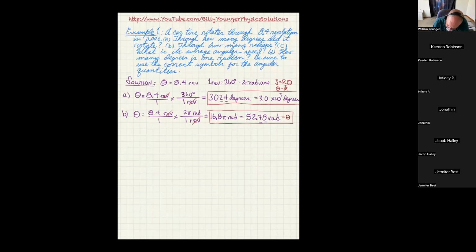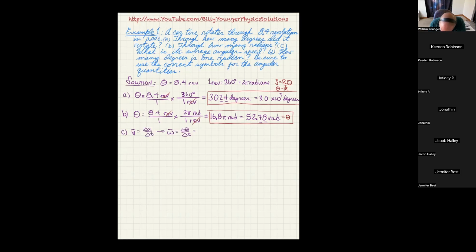So I'm going to show you how I use regular kinematics to reason through this problem. What I know is V average is equal to delta x over delta t. So that would tell me that omega average would be equal to delta theta over delta t. And of course, we figured out that delta theta is specifically 8.4 revolutions.